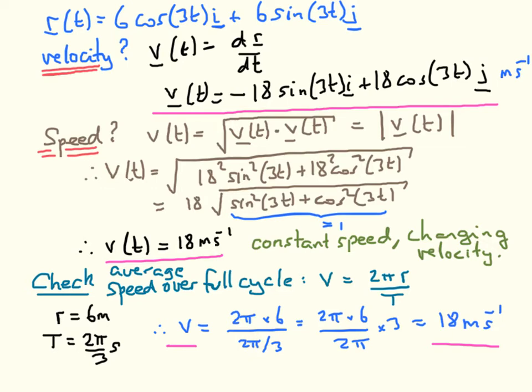That means that the 3 goes to the top and the 2 pi stays on the bottom. The 2 pi factors will cancel each other, and we will get 3 times 6, 3 sixes are 18, so we obtain that the speed, the average speed going around the circle, is 18 meters per second, exactly what we obtained a moment ago using vectors.